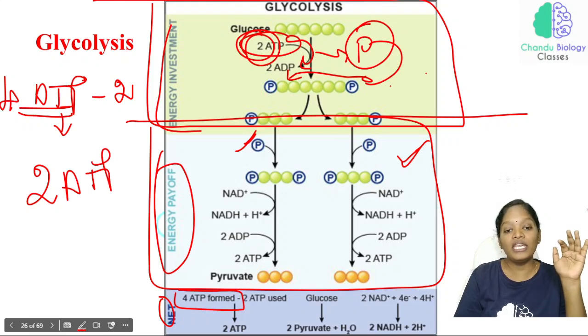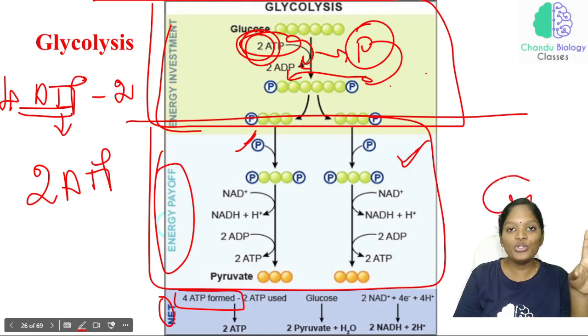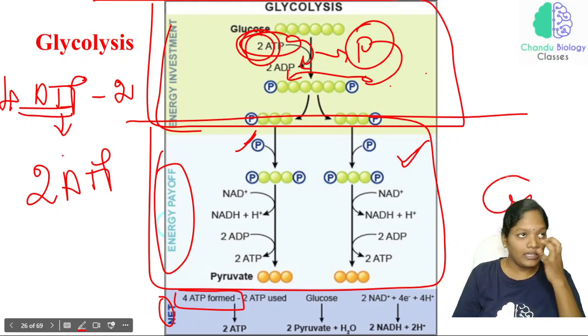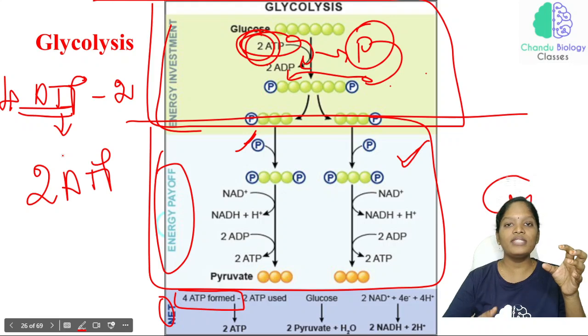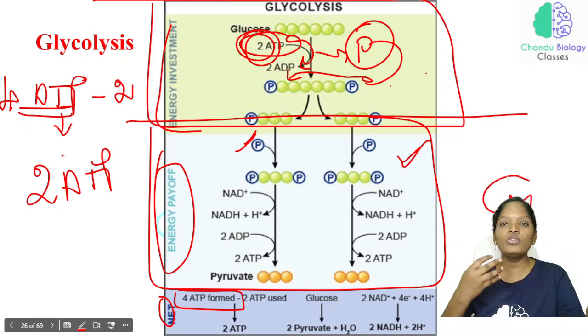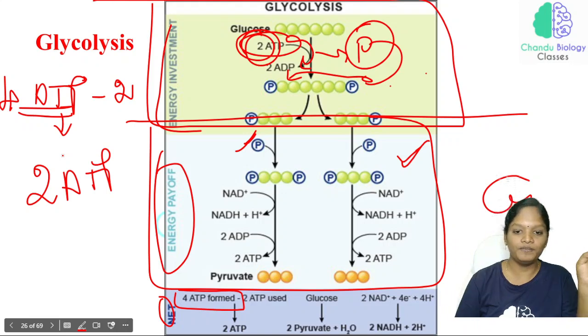If in the question they ask for the gross value, then you should know it is 4 ATP. Gross means total ATP. Net ATP means those ATP which are available for the respiration process, that will be 4 minus 2, which is 2.